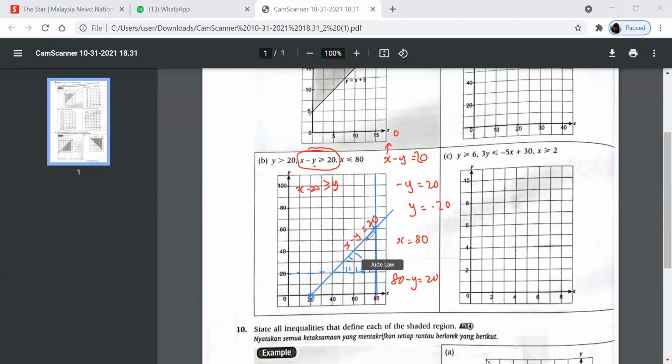Less than means down, the opposite already. Remember, if y is negative on the left side, then you take the opposite. Then the other one, x is less than or equal to 80. So your shaded region will be all that inside the triangle.